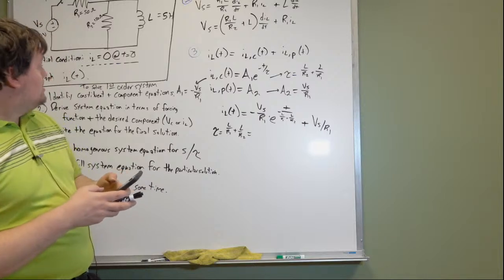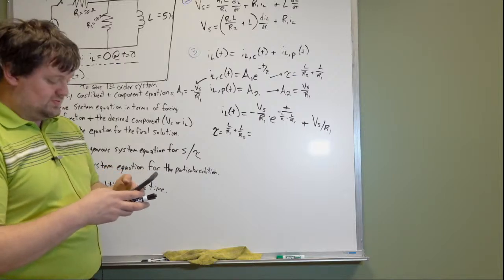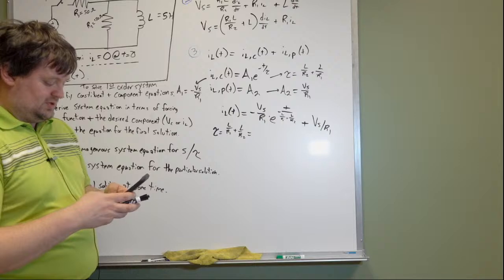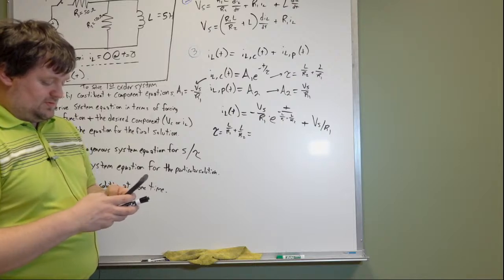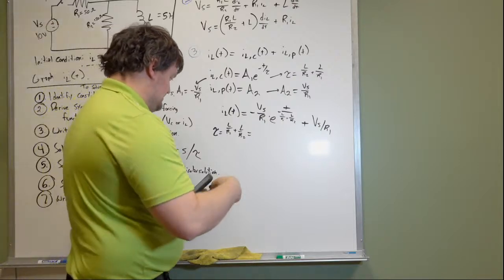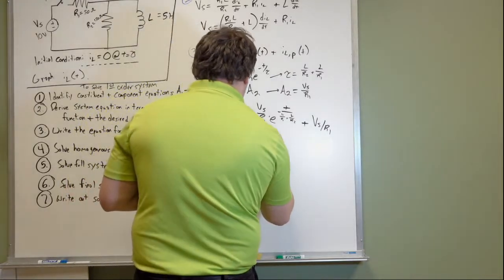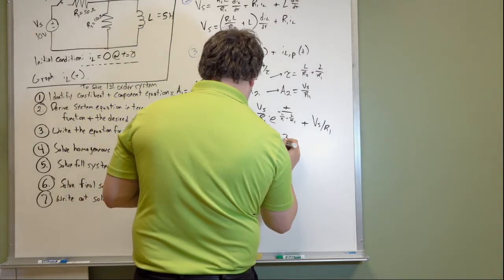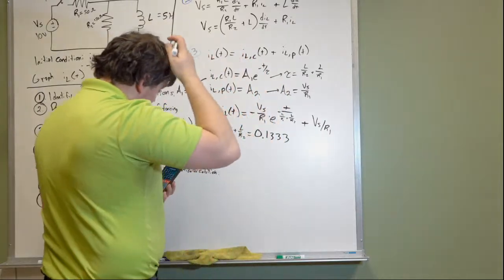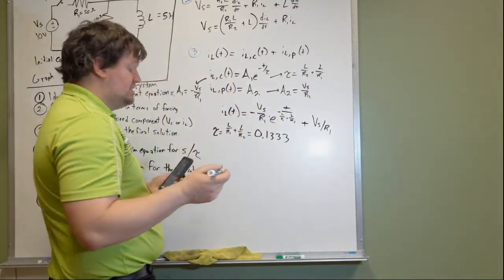L is 5, R1 is 50, R2 is 150. So 5 divided by 50 plus 5 divided by 150 is 0.1333 repeating.